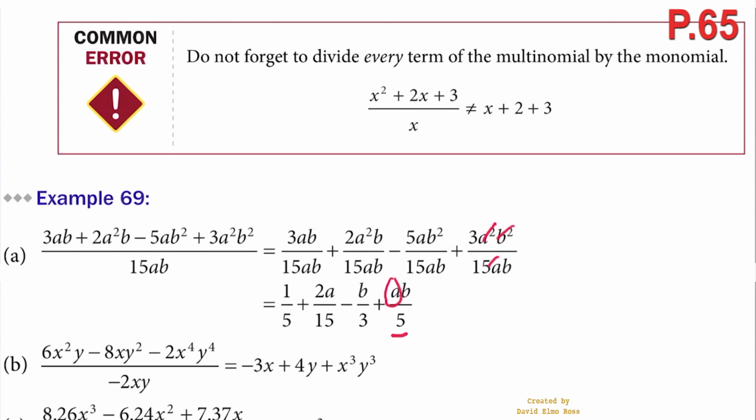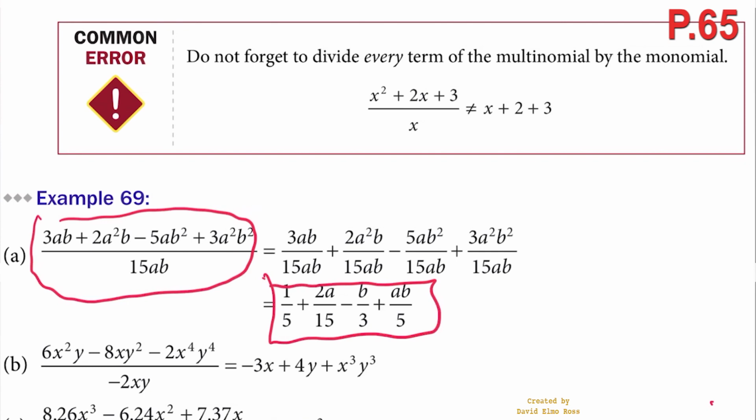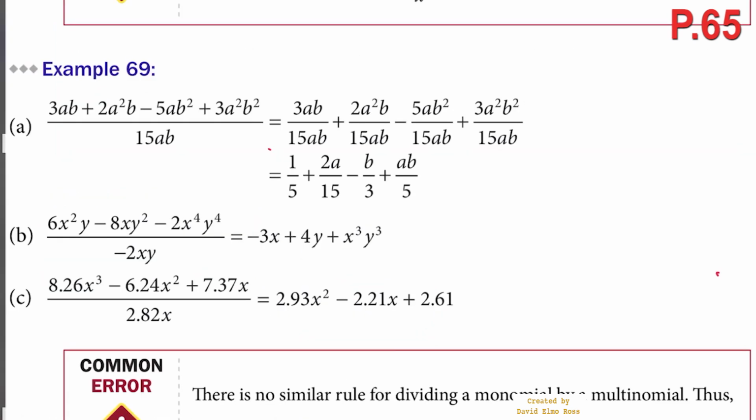And we have b squared over b, which gives us our b, to make our final term ab over 5. So we've gone from this to this by simply writing down the common denominator under each term and dividing out what we need to.